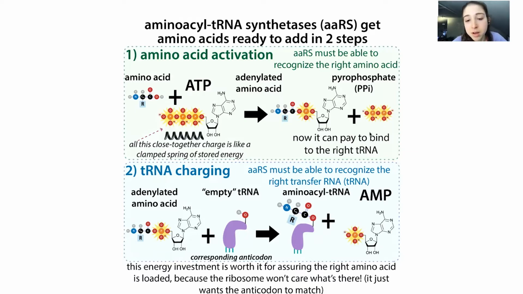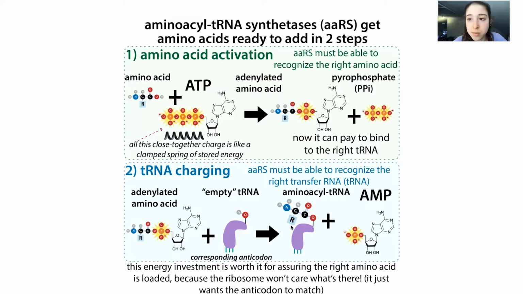It's pretty cool. What's going to happen is that this AARS is going to recognize the tRNA. These various ones do it in different ways. Some recognize the anticodon, some recognize things in the rest of the tRNA, some a combination of both.